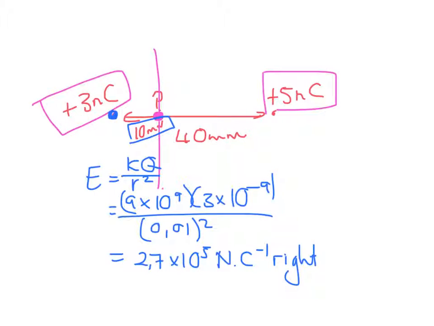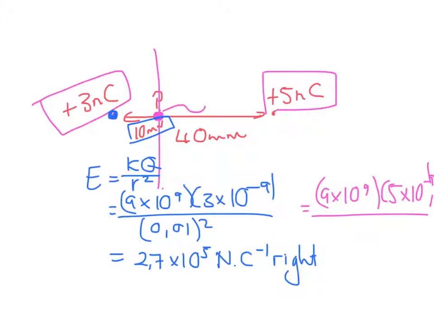Taking a look at the second one, we land up with electric field strength is equal to 9 times 10 to the 9, 5 times 10 to the negative 9.